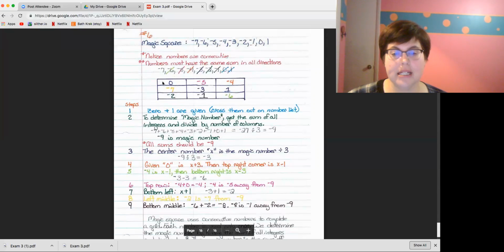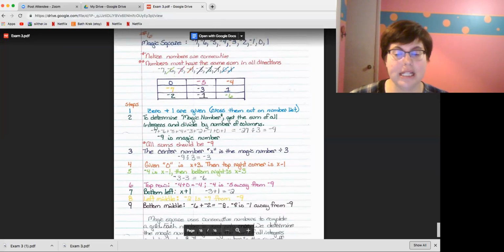And that's because this is an array of 3. So we divide it by 3. Our total number was negative 27. Do not forget the negative. Divided by 3 is negative 9. Negative 9 is our magic number. All sums will be negative 9.